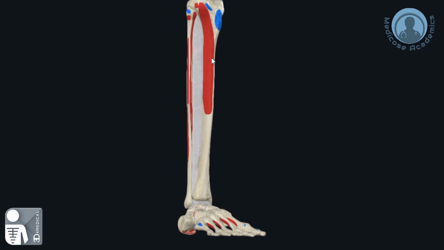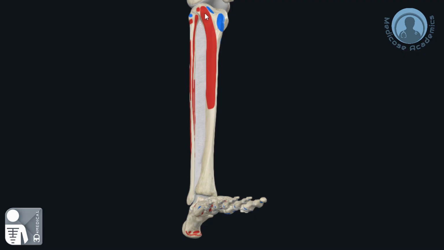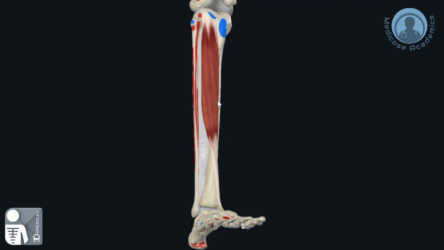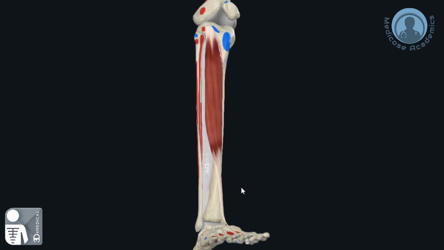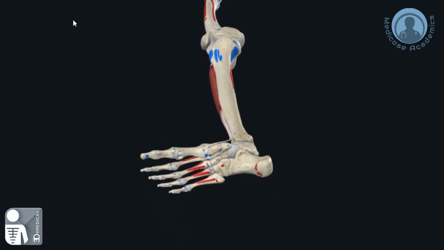Here you can see that it is originating from the upper two-thirds of the lateral aspect of tibia, not the medial aspect, my apologies. It is arising from the lateral condyle, infralateral surface of the lateral condyle, and from the adjoining part of interosseous membrane. Let us follow its tendon and we reach about here.